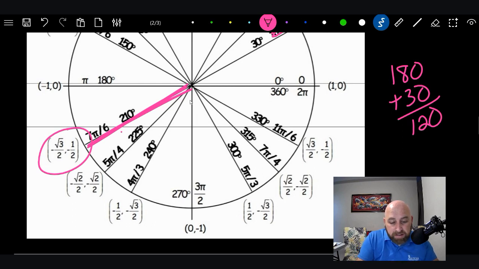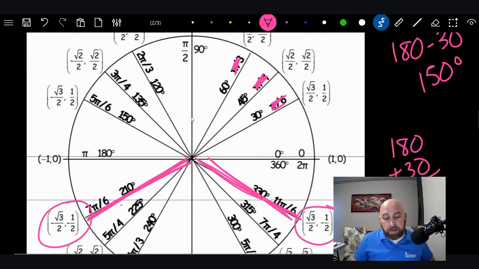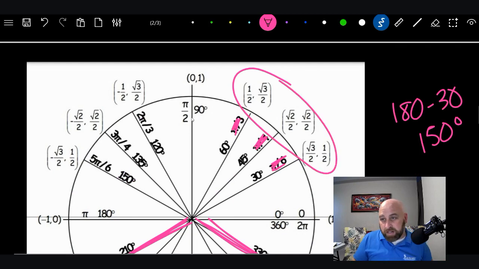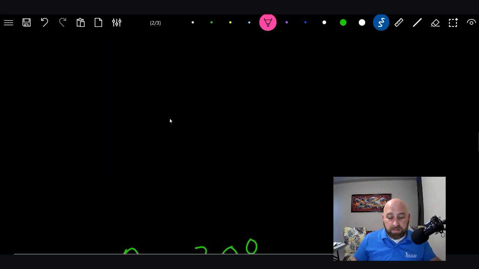Here it is in the fourth quadrant, and it's positive x, negative y. But here's what's not changing. The values of these are not changing. Only the signs are changing based on the quadrant that it finds itself in. This is the unit circle. Once you understand the unit circle, you'll understand that the values don't change, just the positive, negative signs. Those are the only things that will be changing.